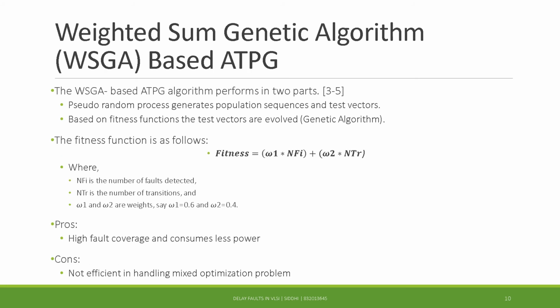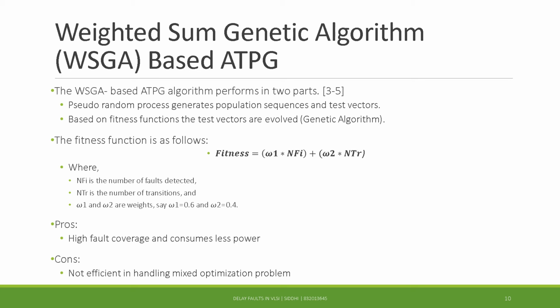To have full fault coverage and less power consumption, weighted sum genetic algorithm based ATPG is proposed. This algorithm works in two parts. In first part, pseudo-random process generates population sequence and test vectors. In second part, genetic algorithm is used. The fitness function is as follows.